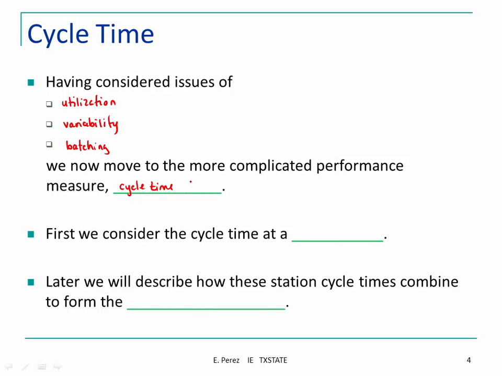So first we consider the cycle time at a single station. And later we will describe how this station cycle time combines to form the cycle time for a line.